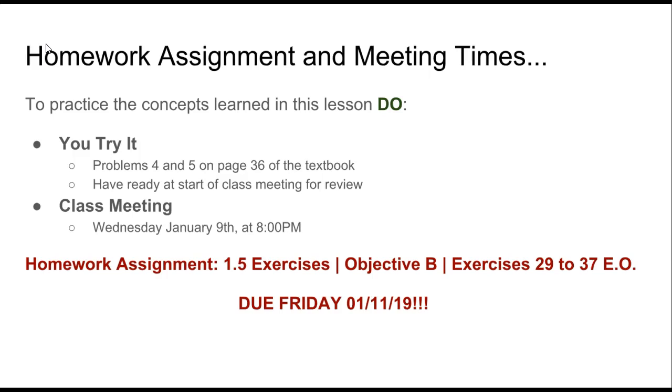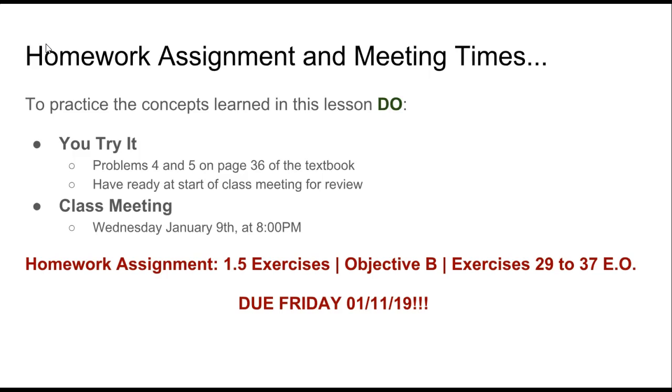Homework assignment, 1.5 exercises, objective B, exercise problems 29 through 57, not 37, 57. Every odd. So that's 29, 31, 33, 35, 37, 39, 41, 43, 45, 47, 49, 51, 53, 55, 57.